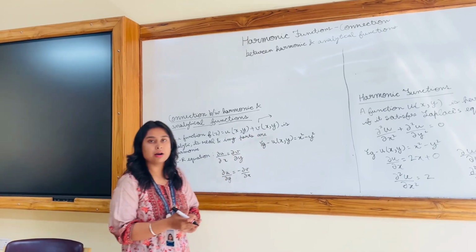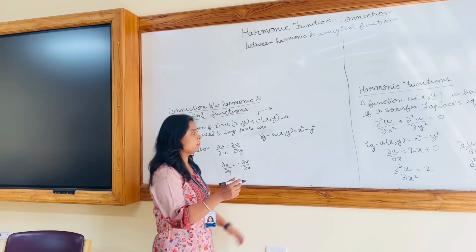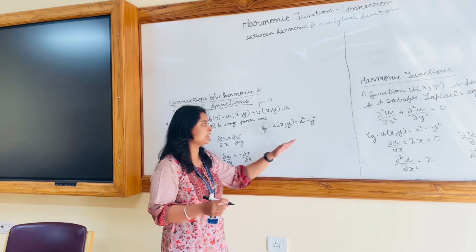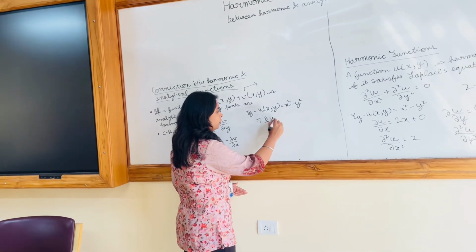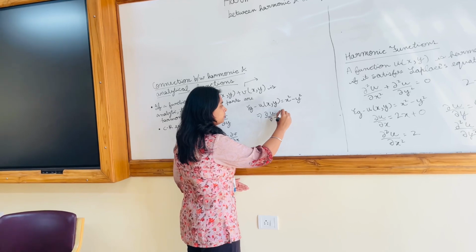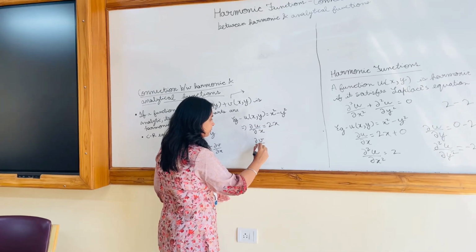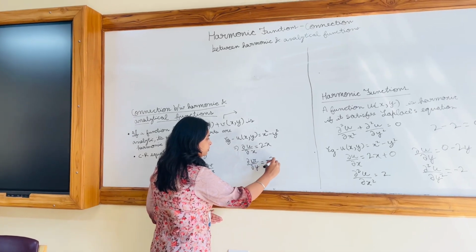To know how to find this harmonic conjugate, we'll take the same example that we took for the harmonic function. We already know dou u by dou x is 2x, and dou u by dou y is minus 2y.